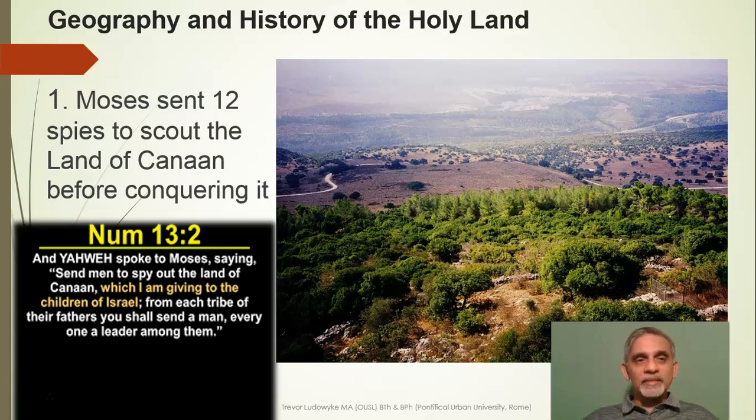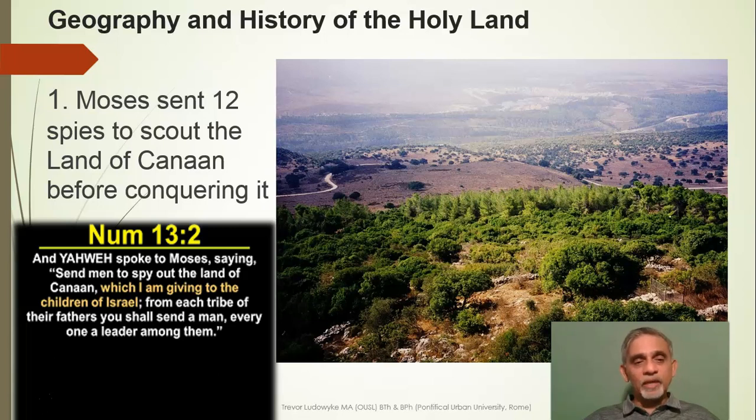And Moses sent 12 spies to scout the land of Canaan before conquering it, because it was already occupied. Canaan was occupied by other tribes. So in order to conquer Canaan, Moses sent 12 spies, and we have that recorded in the book of Numbers, chapter 13, verse 2. "And Yahweh spoke to Moses, saying, Send men to spy out the land of Canaan, which I am giving to the children of Israel.